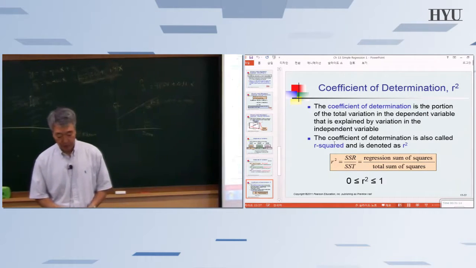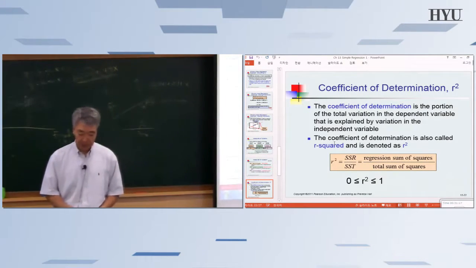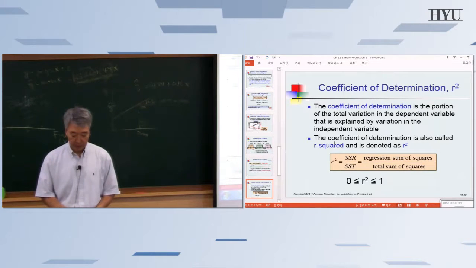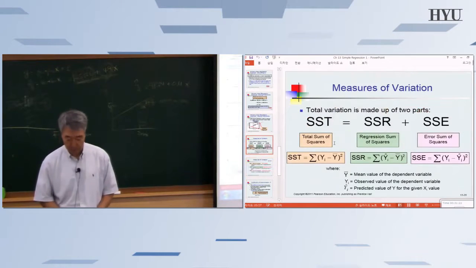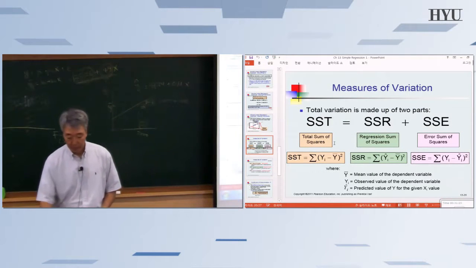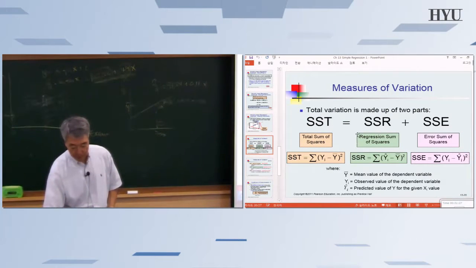R square can be calculated by dividing SSR by SST. Going back to this, dividing SSR by SST is going to simply give you the portion. How much of the SST is actually explained? And obviously, the larger the better.